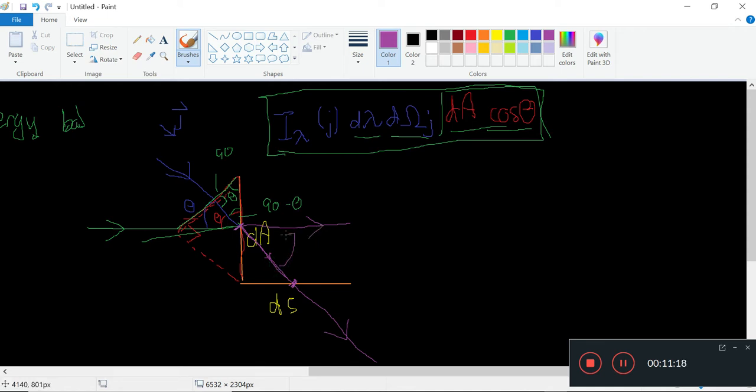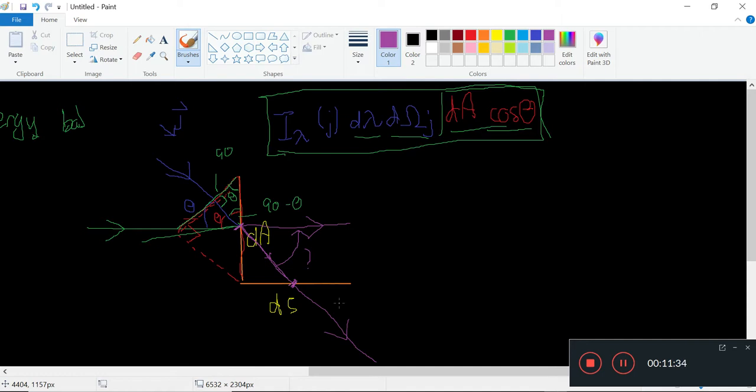So that's the in-scattering. It's scattered from some arbitrary direction J into this primary direction.